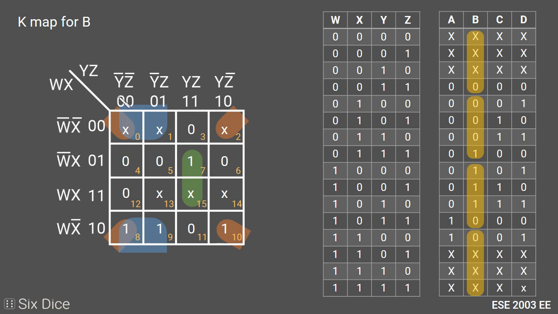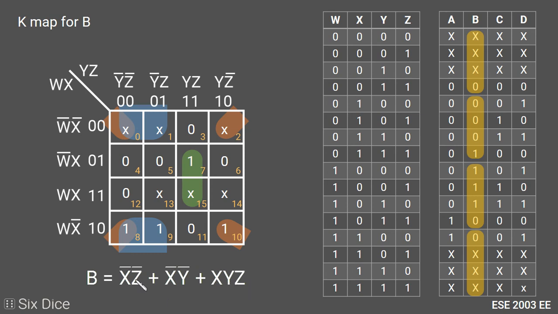The orange quad will be minimized as X bar Z bar, because Z bar is common in the first and last columns and X bar is common in the first and last rows. The blue quad will be minimized as X bar Y bar, because Y bar is common in the first two columns and X bar is common in the first and last rows. The pair will be minimized as X Y Z, because it has YZ common in the third column and X common in the second and third rows.